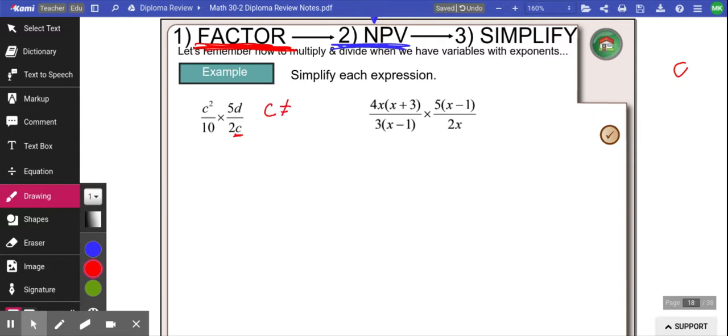That's one that people fall for, because usually it's like 2 plus c, and then people say, oh, it's the opposite number. But when they're side by side like that, and there's nothing in between them, the way you would make it 0 is if it was 2 times 0. So what value of c can't you have? You can't have 0. So anytime there's a monomial letter, that letter cannot equal 0.